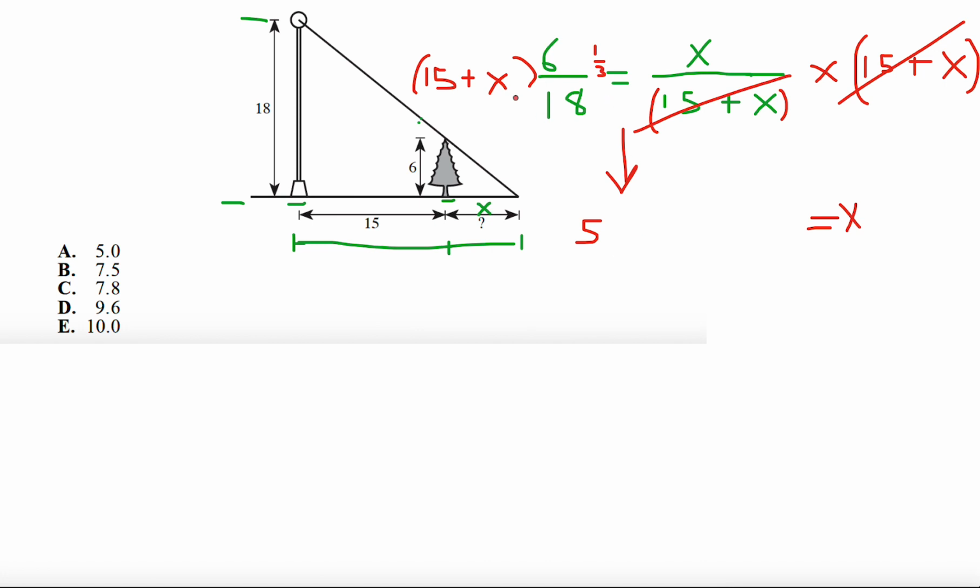And then we have this x here, so it'll be plus x over 3. And then from here, like I said, it's all algebra. We can subtract the x over 3 from the right side of the equation, and do the same for the other side as well.